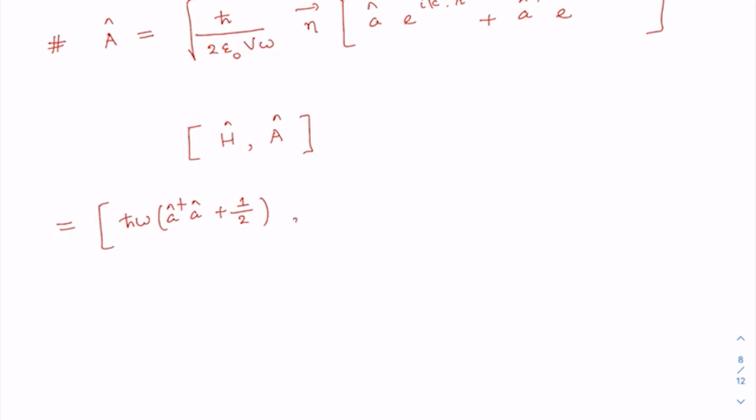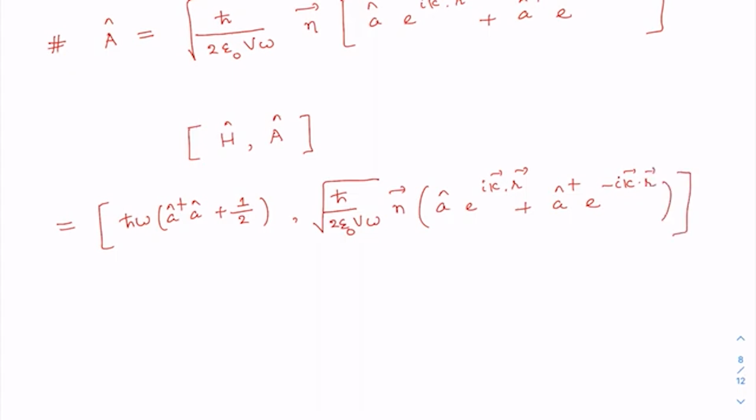And the vector potential, let me write down the full expression: ħ divided by 2ε₀Vω, η vector, and I have a e^(i k·r) plus a† e^(−i k·r).